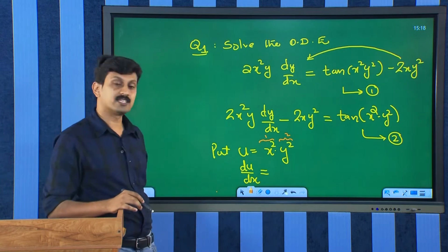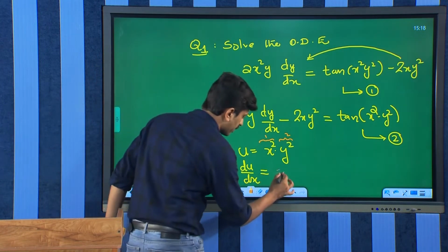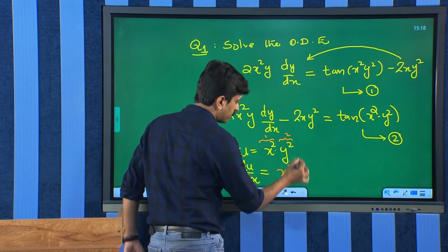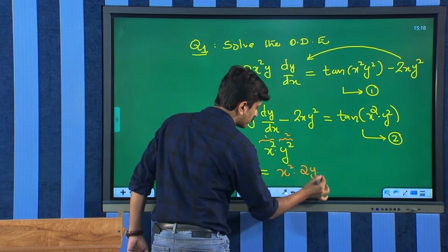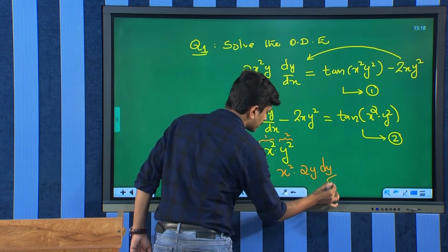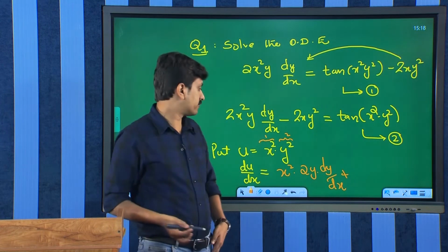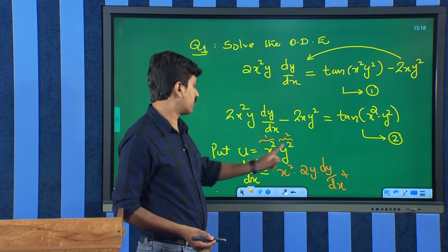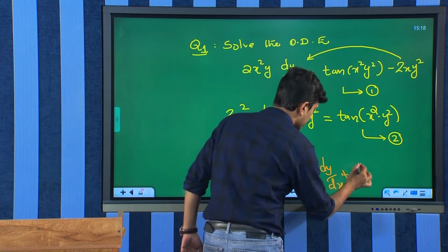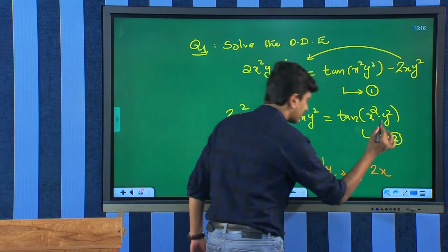Therefore, du by dx is equal to x square into the derivative of y square, that is 2y into dy by dx, plus y square into the derivative of x, that is 2x.